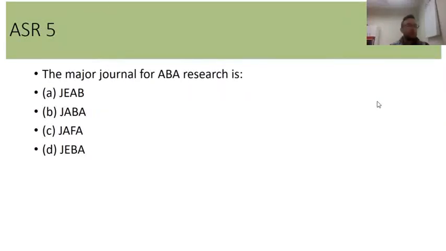ASR 5, the major journal for ABA research is A, JAB, B, JABA, C, JAFA, or D, JEBA. A couple more seconds. All right, I'll close the poll. The answer here is B, JABA.